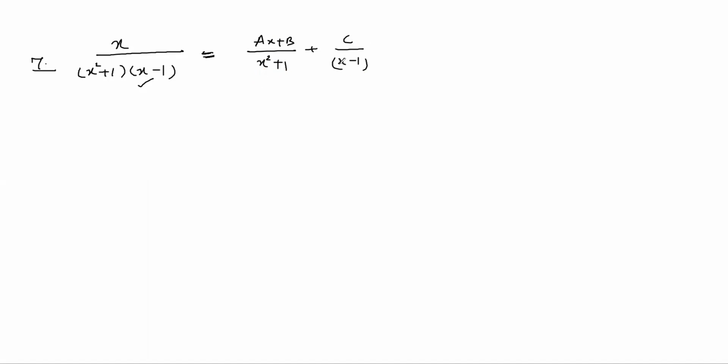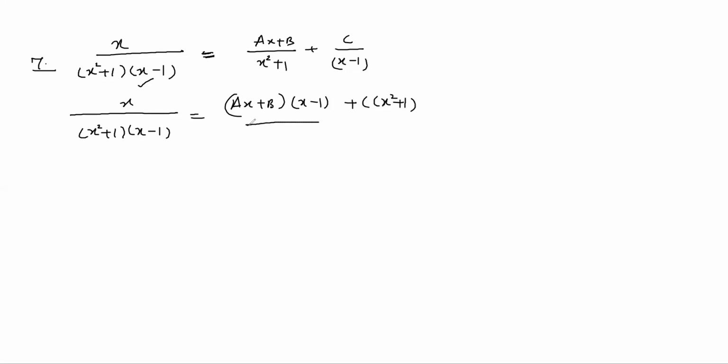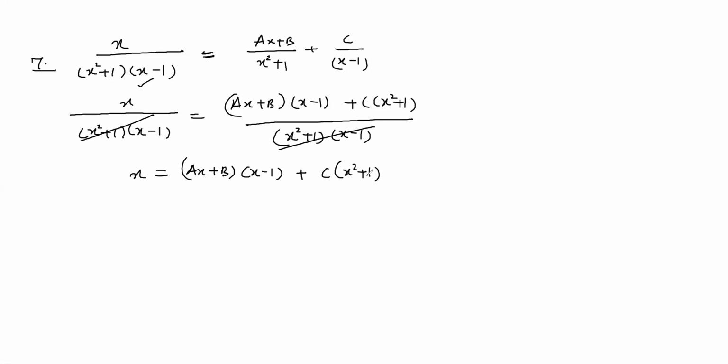Okay, now do the same process which you have done for question number 1. This is ax plus b and this is x minus 1 plus c x square plus 1 upon x square plus 1 and x minus 1. So this and this will be cancelled out. It becomes x is equal to ax plus b x minus 1 plus c x square plus 1.